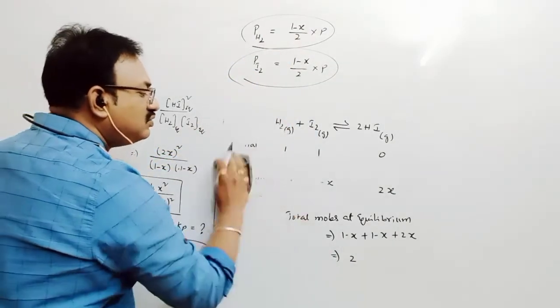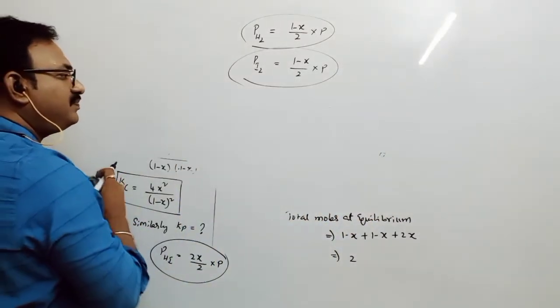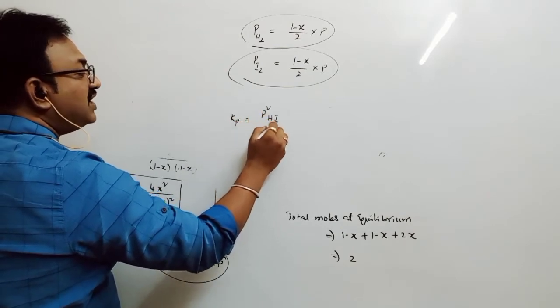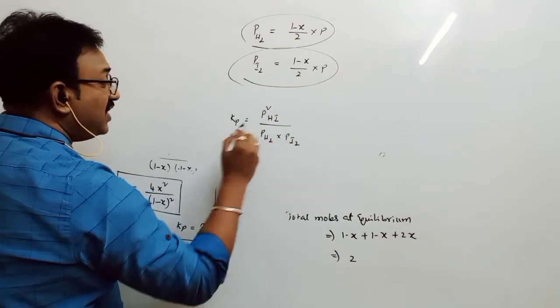Then if you want to find Kp, Kp is equal to partial pressure square of HI by partial pressure of H2 into partial pressure of I2.